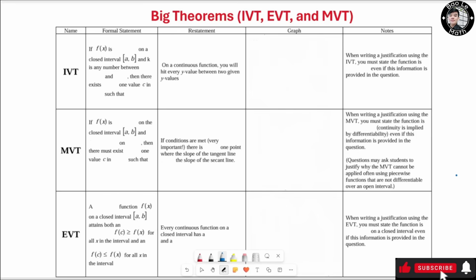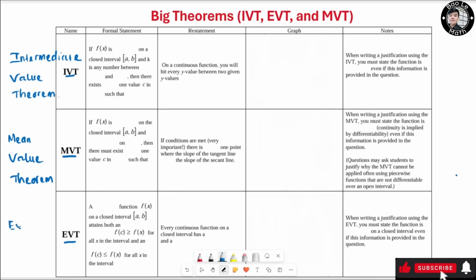Three big theorems: IVT, EVT, and MVT. IVT stands for intermediate value theorem. MVT stands for mean value theorem. And EVT stands for extreme value theorem.